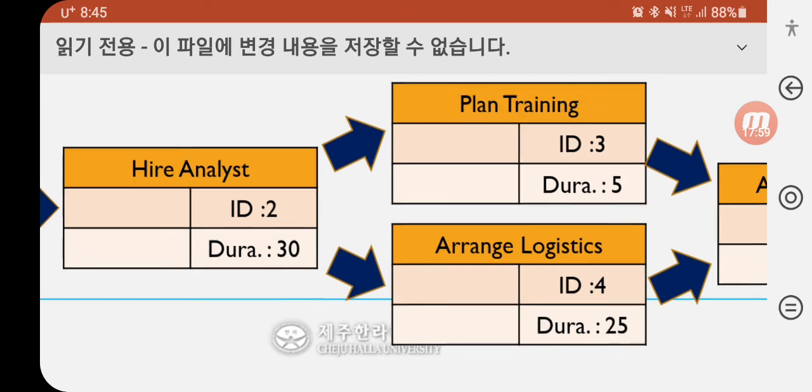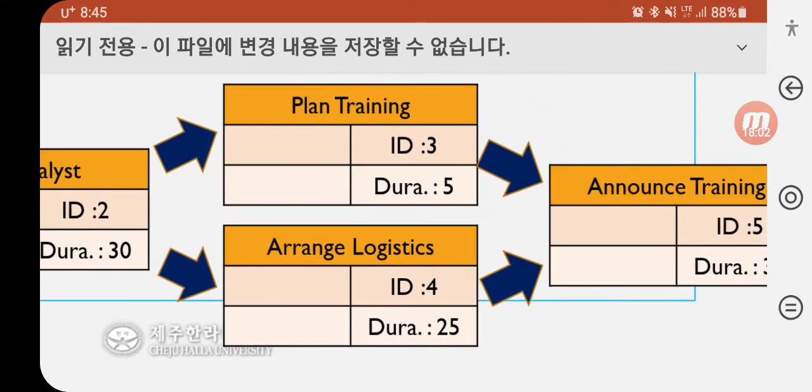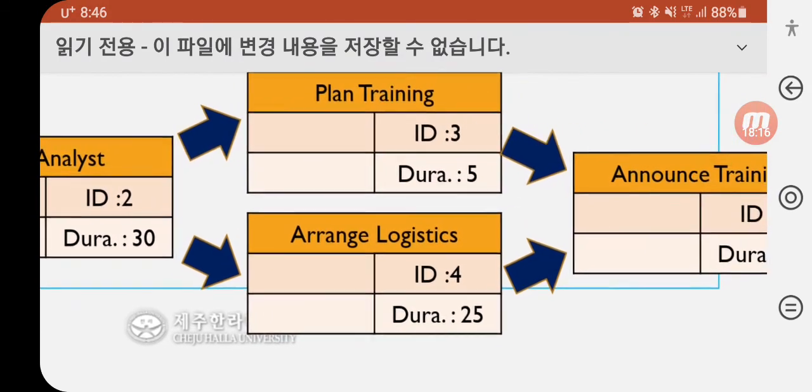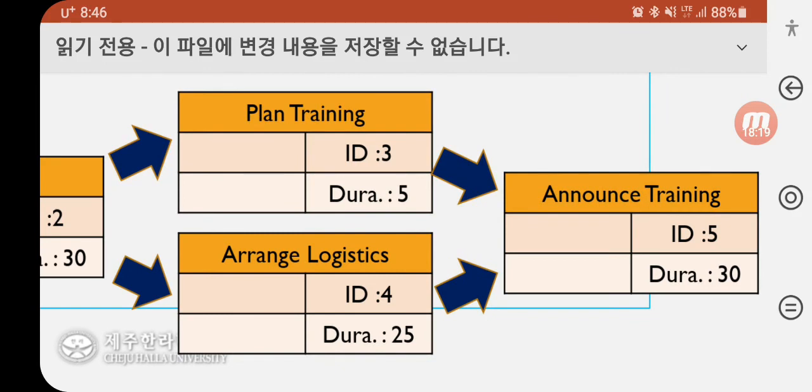The hire analyst task has multiple successor tasks. Task 5 and task 6 are multiple predecessor tasks. Finally, announce training is task ID number 5, and the task duration is 30 days.